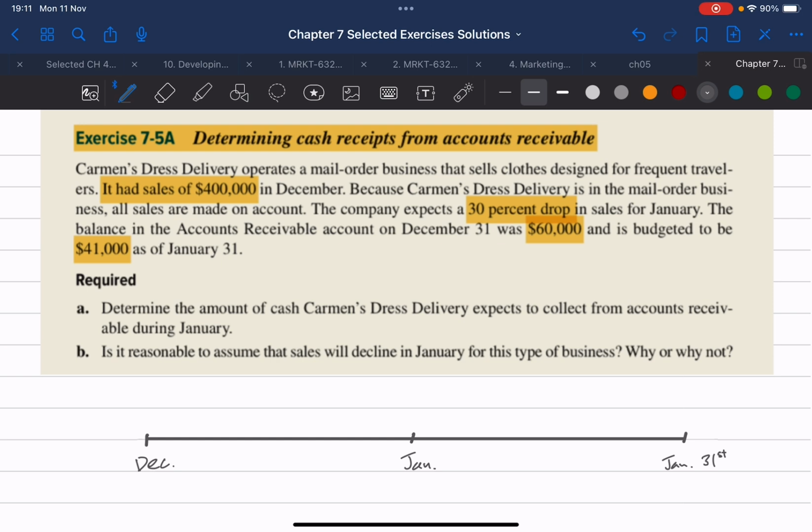Where did we read that? Right here. All sales are made on account. So based on that, and since December sales are 400,000, we're going to assume that the accounts receivable balance as of the end of December is $400,000.